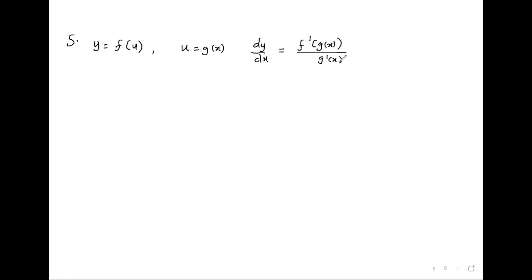Find dy/du. Let me check this. I can't see if I find it. How do I find it? We said dy/dy. I think there is a problem. It's supposed to be dy/du.